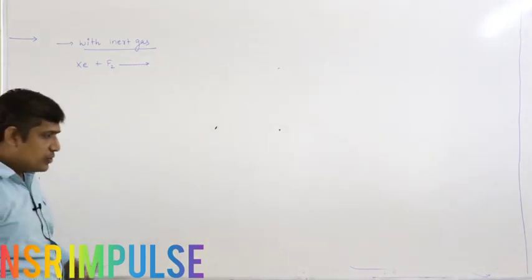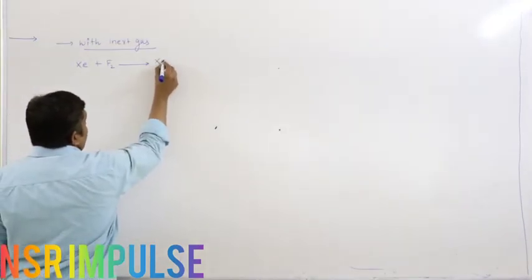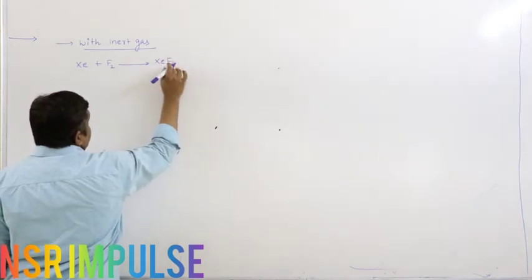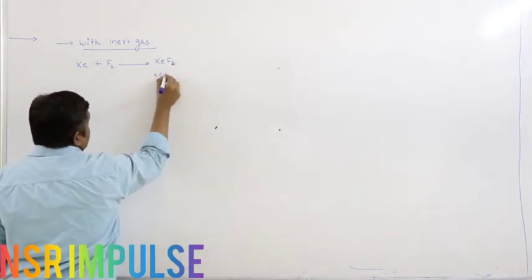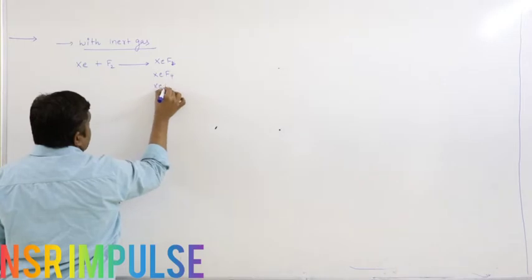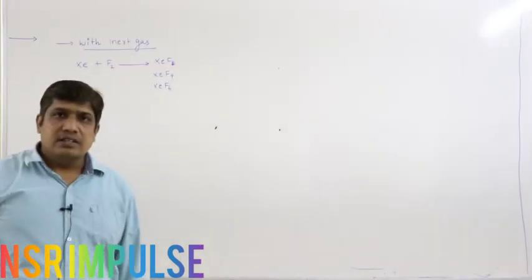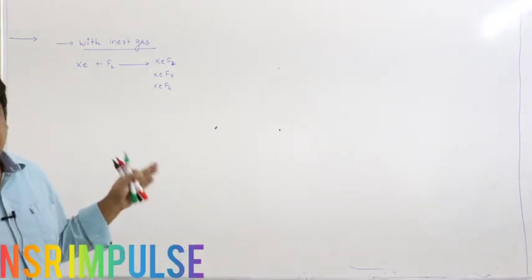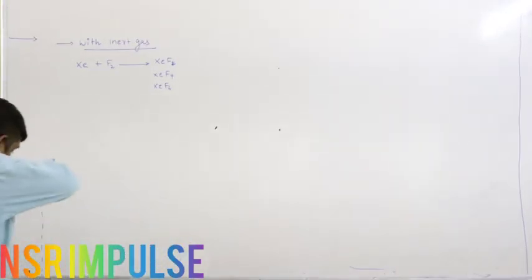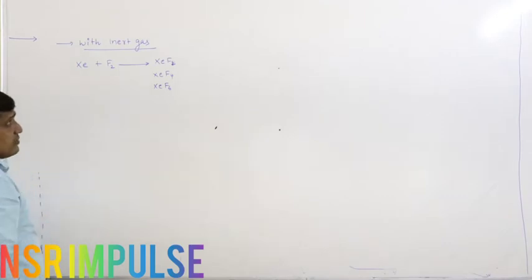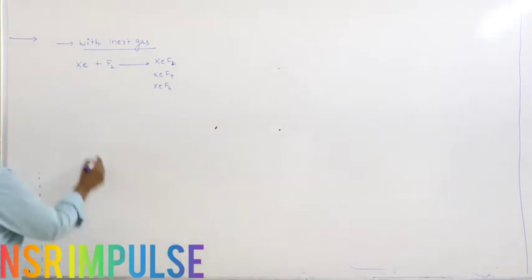It can be XeF2, it can be XeF4, depending upon the concentration, or xenon hexafluoride. These are the different fluorides of xenon. Depending upon in what ratio they are allowed to react, you may get difluoride, tetrafluoride or hexafluoride.